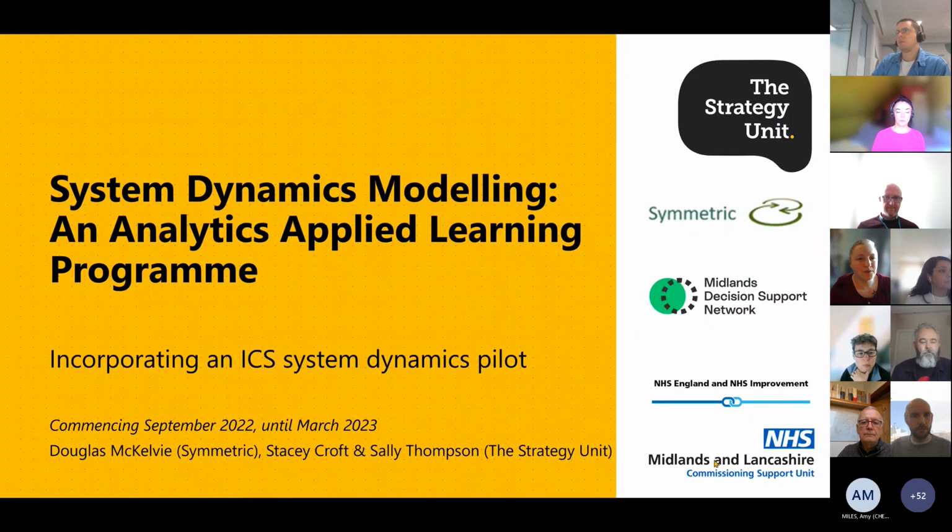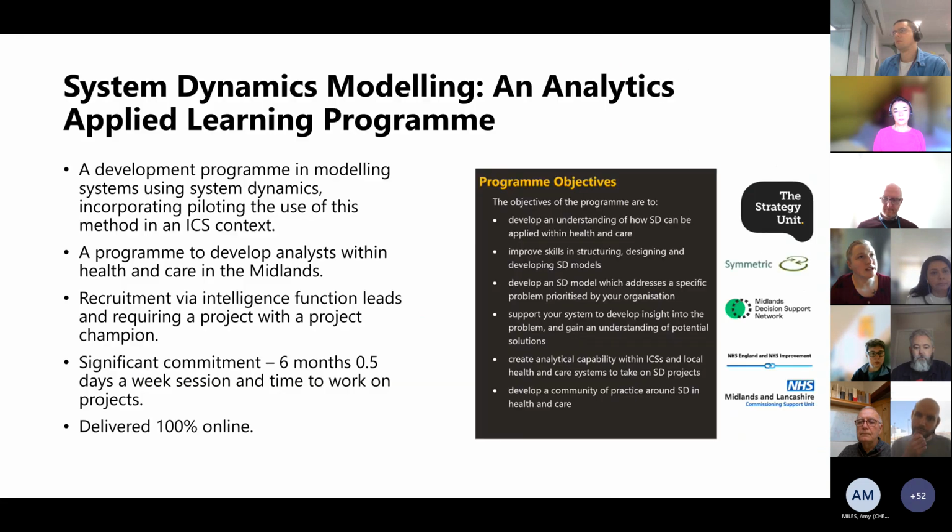So we've been running the course as an applied learning program, as we like to call it, since September, and we had our last session in March. For the course itself, we managed to bring together funding from a couple of places: the Midlands Decision Support Network, the Midlands and Lancashire CSU, as well as NHSE.